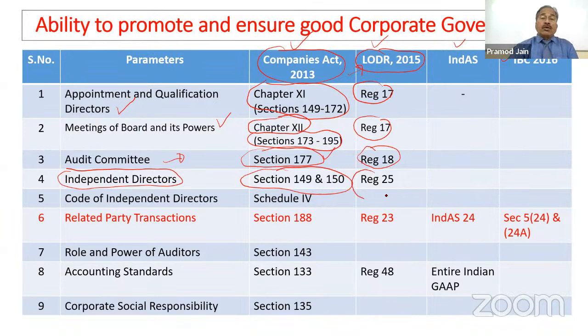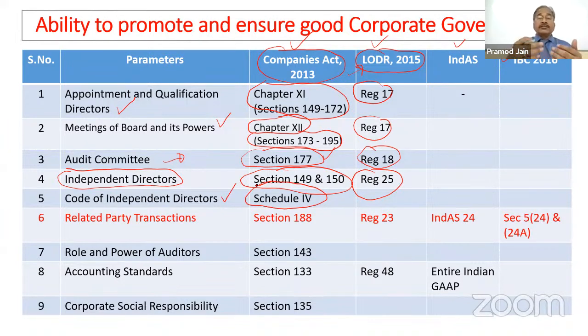एंड देन ऑफ कोर्स also look at Regulation 25 as prescribed under LODR 2015. Not only do we need to look at Section 149 and 150, we also need to look at the code of independent directors. So in the Companies Act 2013, there's a schedule called Schedule 4, and this Schedule 4, friends, is nothing but the code of independent directors.